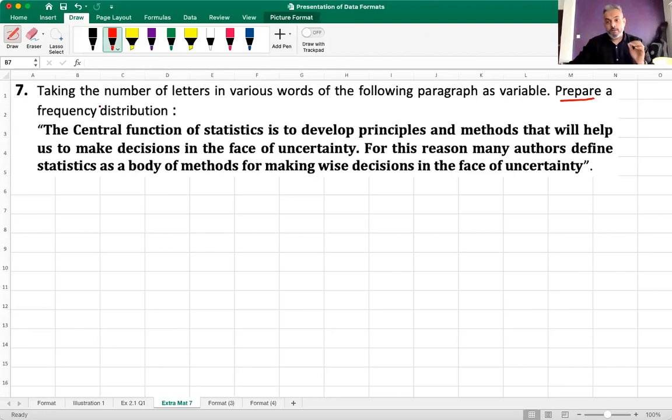Prepare a frequency distribution. Now, be careful while you read it. Taking number of letters in various words as variable.